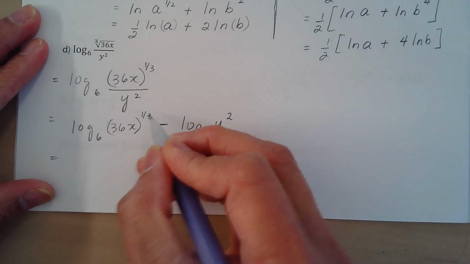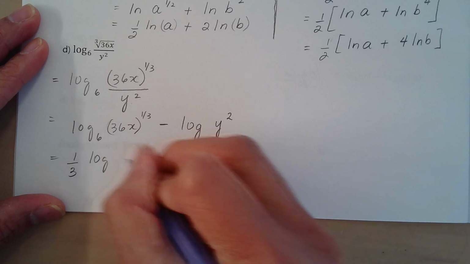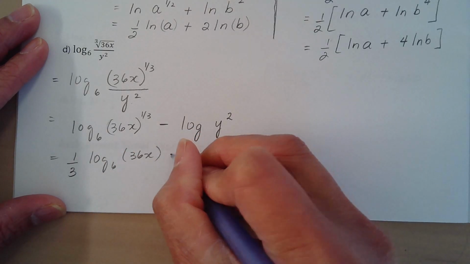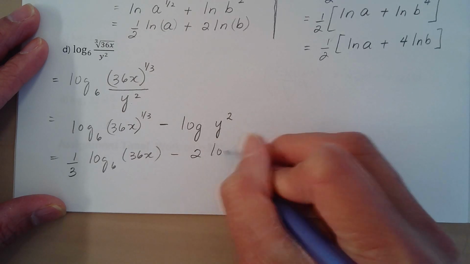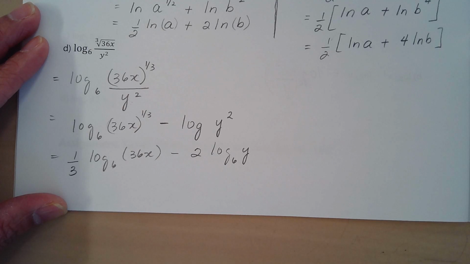So the next piece is to bring out the 1/3. So 1/3 log 36x base 6 minus 2 log y base 6.